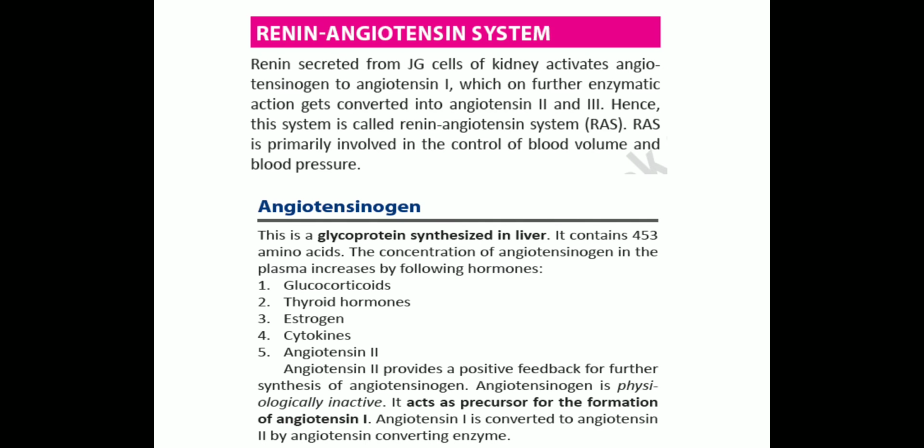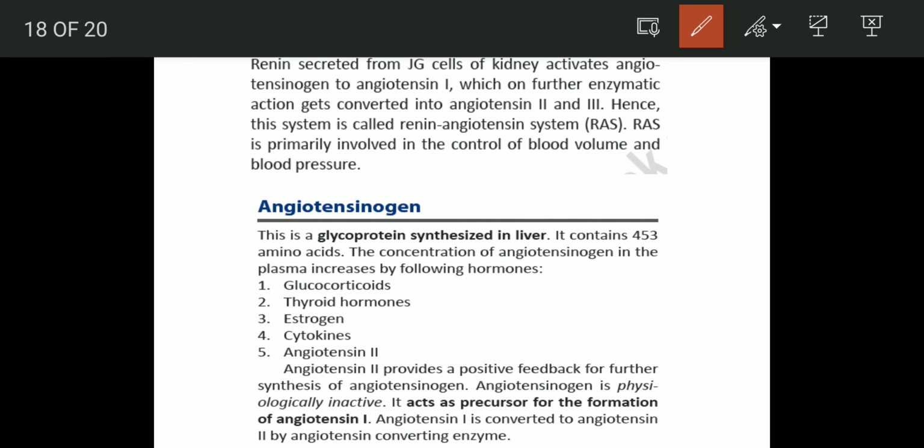So remember that this renin, which is secreted from the JG cell of the kidney, will convert angiotensinogen to angiotensin 1. Okay, I'll be discussing it in the next slide, a beautiful flow chart I have. So coming to this angiotensinogen, this is a glycoprotein synthesized in the liver.